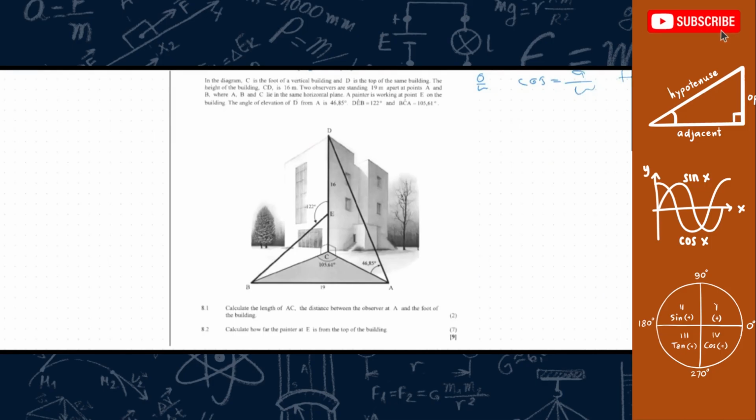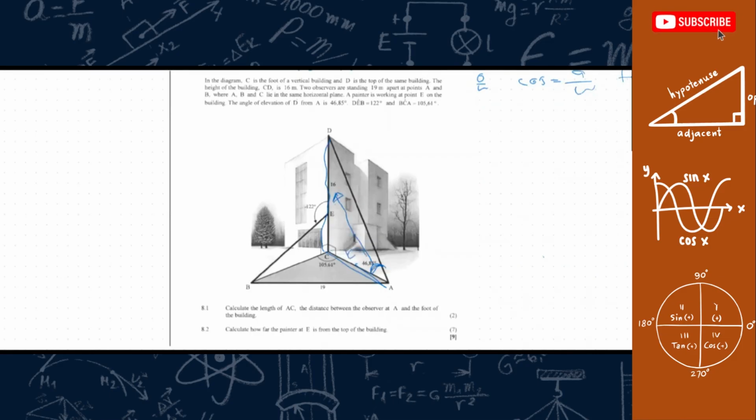So this first one, 2 marks, makes sense because we're just going to use basic trigonometry. They want this length over here. We have an angle and we have the side CD. So we will just use that angle. That's our opposite and that's our adjacent.